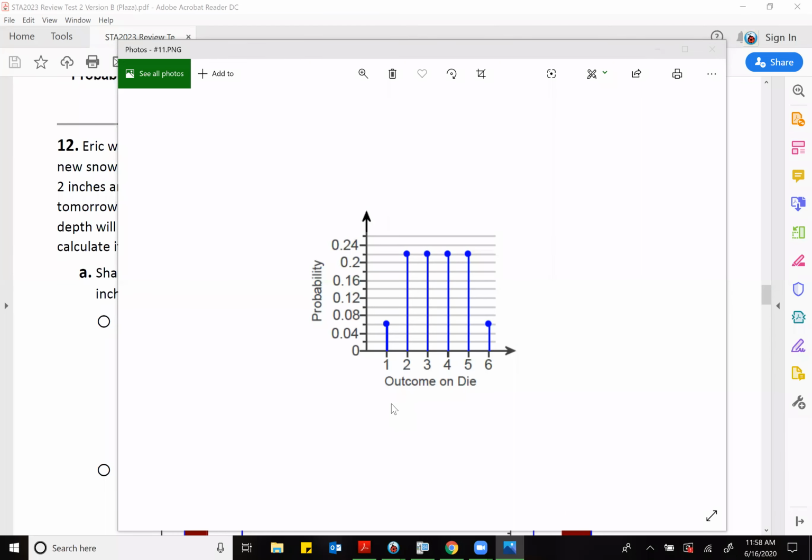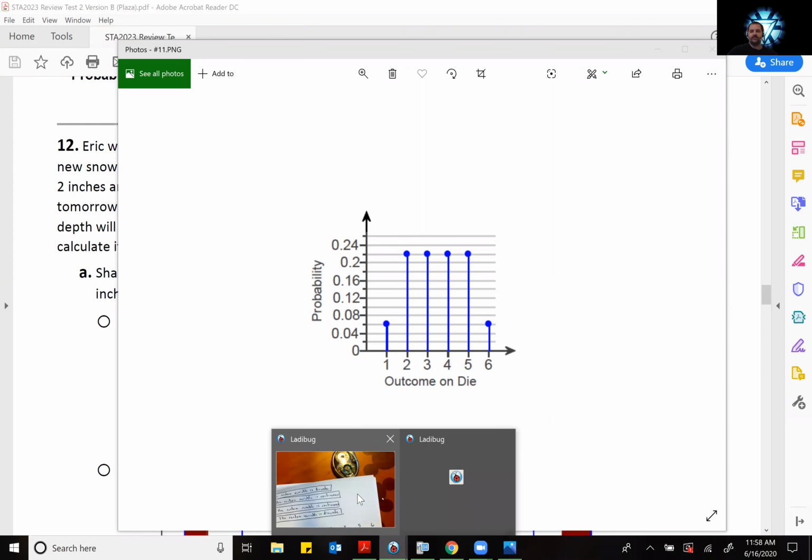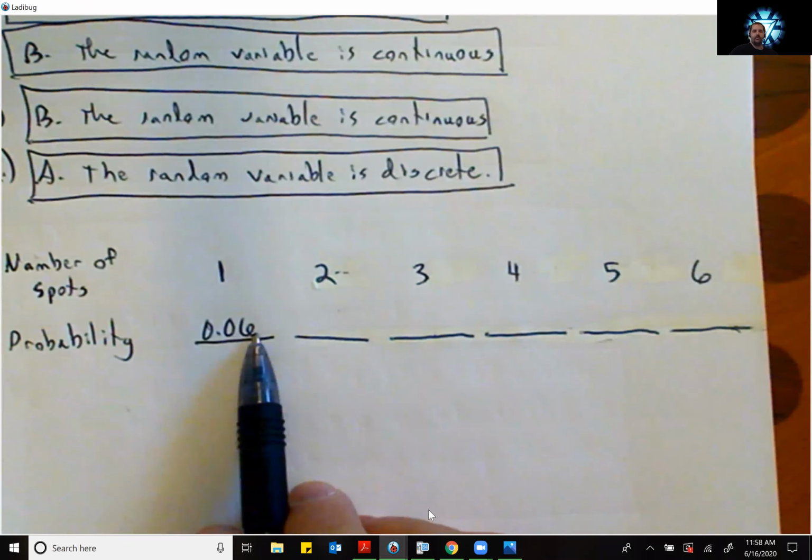0.6. 0.6? No, but close. 6%. 6%, which is 0.06. Okay. So make sure that you're careful with those decimals. It's 0.06, not 0.6. Okay.